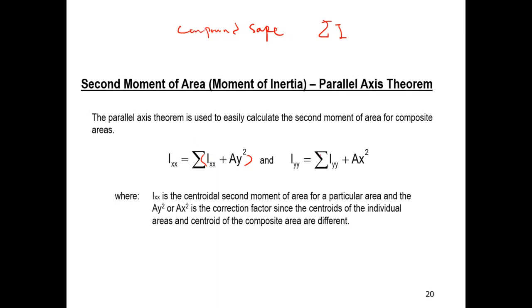So for every term that you calculate, there is a penalty to calculate. The penalty is the offset between the current coordinate system and the primitive shape coordinate system squared, multiplied by the area. That's the penalty. Add the penalty to what you find from the table. That's the standard one. The standard plus the penalty, and add all the terms together. That gives you the total moment of inertia, either with respect to the y or with respect to the x.